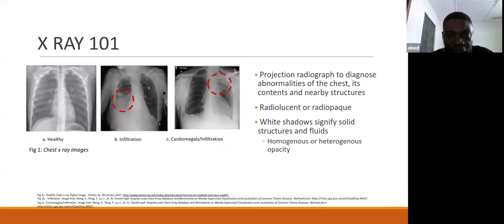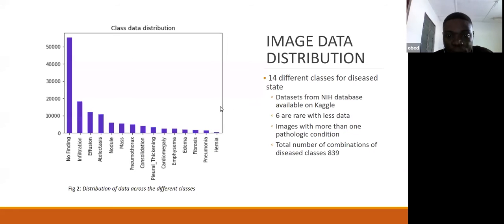For example, this image was labeled as atelectasis, but this is not atelectasis. This actually could be cardiomegaly and infiltrate. Atelectasis is the situation where your lungs have collapsed, so you are not really going to see any lung markings, but over here we can all see the lung a bit pronounced. So that's just an example of a bad labeling.